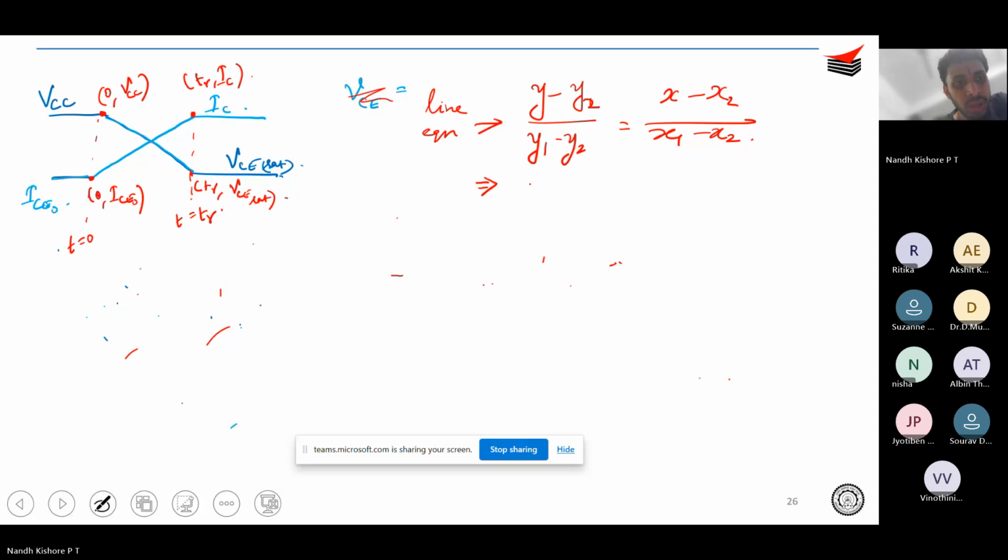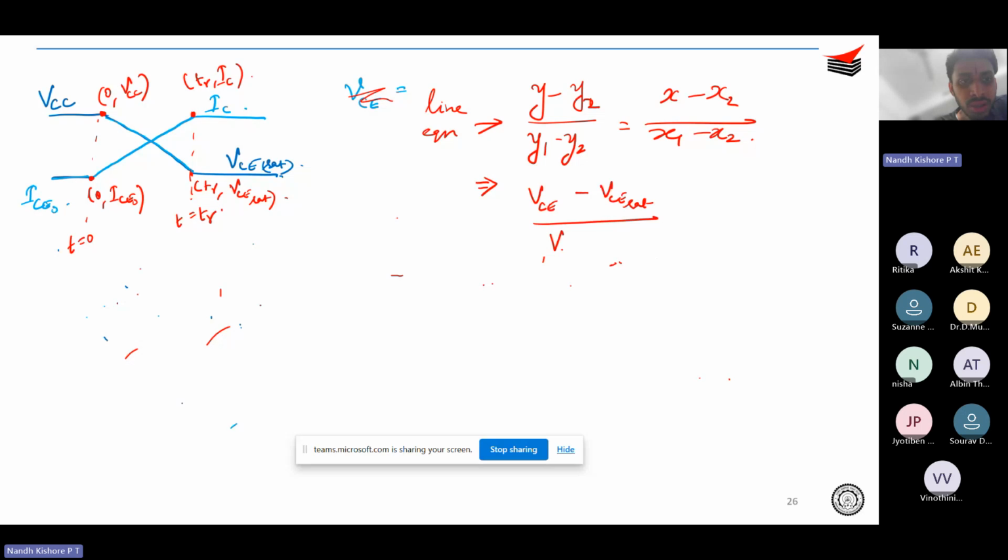So for voltage, you understand that VCE minus VCE sat divided by VCC minus VCE sat is equal to t minus tr divided by 0 minus tr.